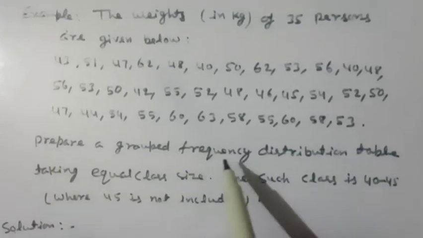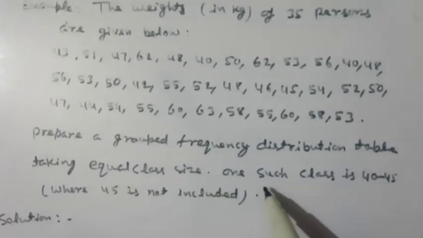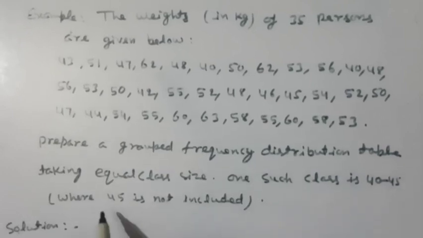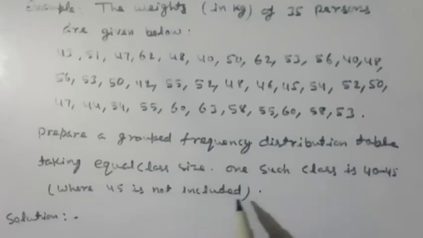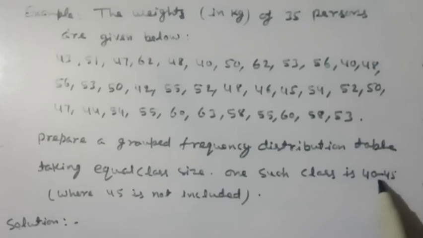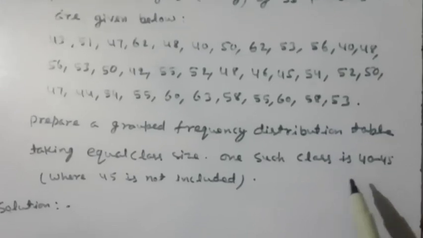Prepare a grouped frequency distribution table taking equal class size. One such class is 40 to 45, where 40 is included but the upper limit 45 is not included.